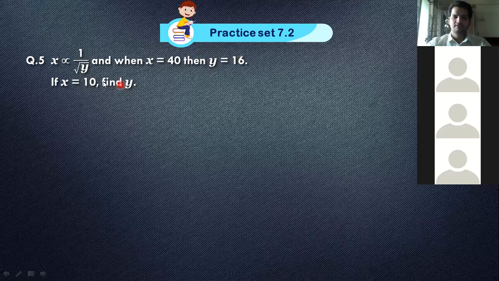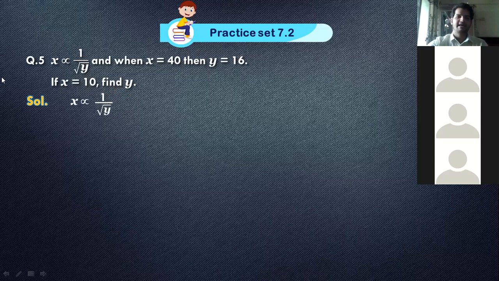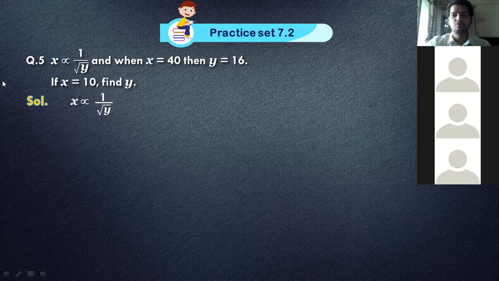So students, if I am not wrong, is it like the last sums which we have solved in the previous lecture? Correct. First of all, we will write down the inverse variation in the solution. That is, x is inversely proportional to square root of y. And as we have discussed, inversely proportional means you will do what? Divide or into. Correct.